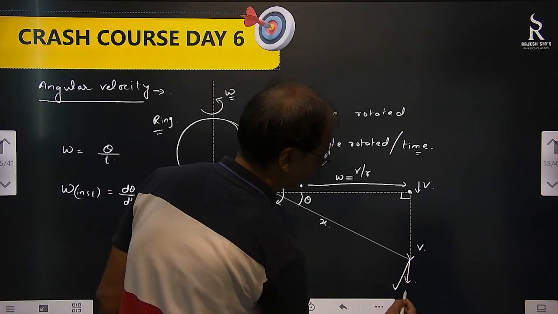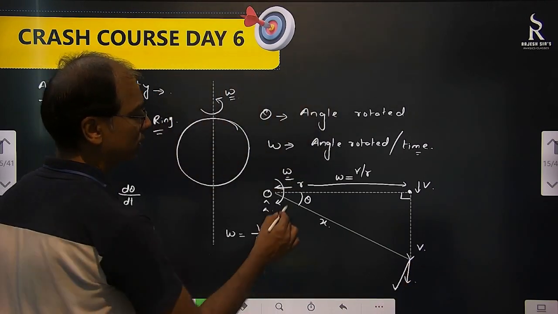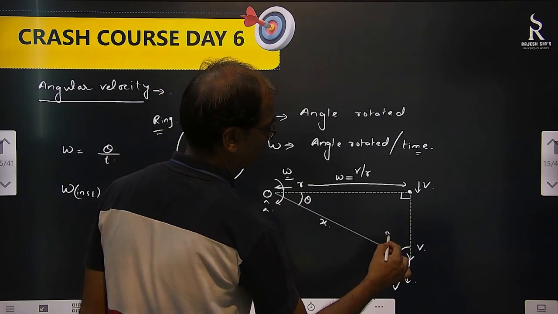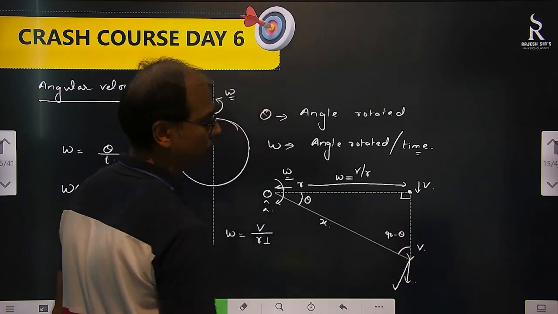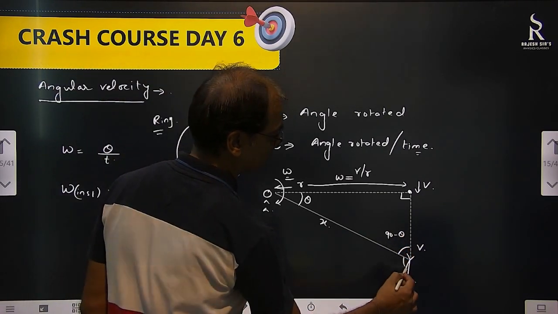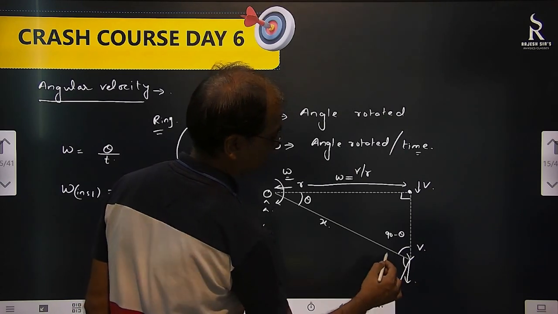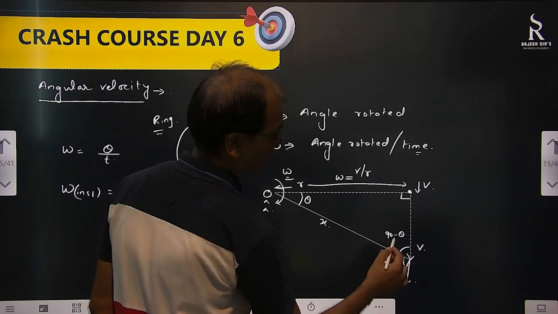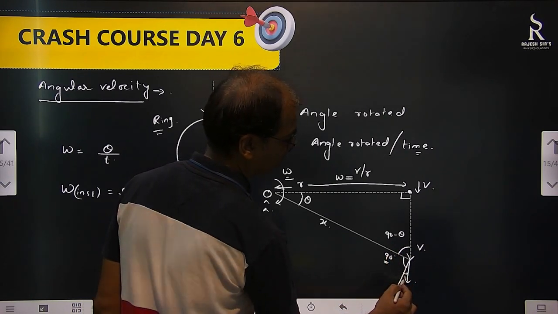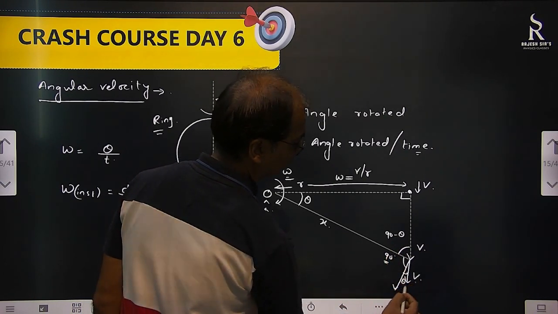Okay, something like this. So if this is theta, you know this is 90, this is 90 minus theta here, right? And this is 90. Is it 90? Yes. So 90 minus theta, this is 90. So what is this? This has to be theta. This is V, so this is V cos theta.